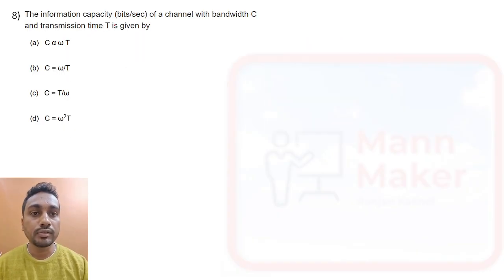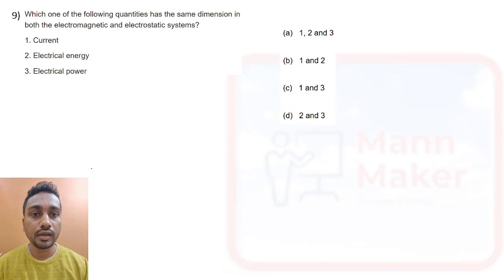Next, the information capacity of a channel with the bandwidth B and transmission time T is given by this formula. Which one of the following quantities has the same dimension in both the electromagnetic and the electrostatic system? Electrical energy and electrical power have the same dimension in both the electromagnetic and electrostatic systems.